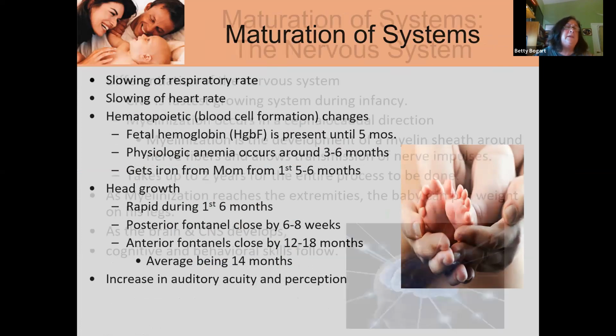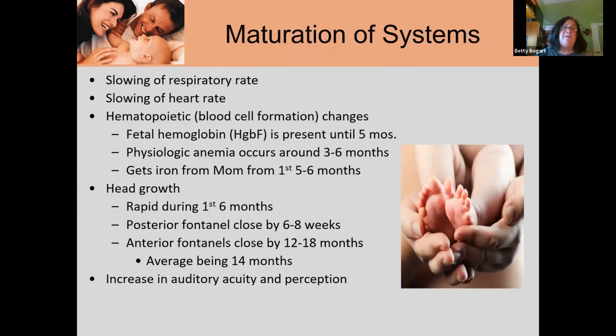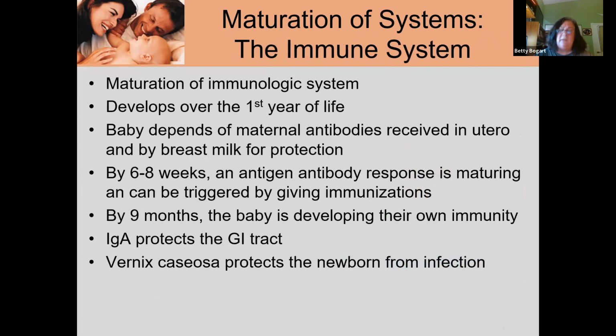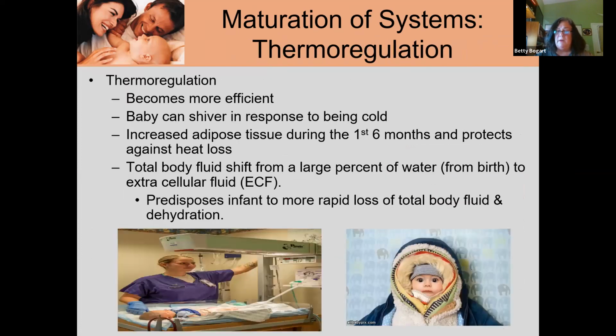Another thing is we know that these infants are born with mom's immune system. So it doesn't last. That's why, if you've done any reading in your book, you're going to see immunizations given at 2 months, 4 months, 6 months. And those immunizations are trying to cover that infant for those big diseases.